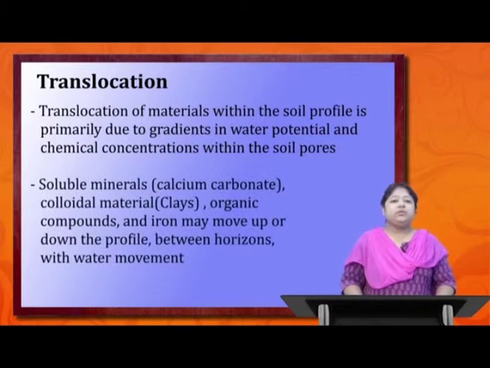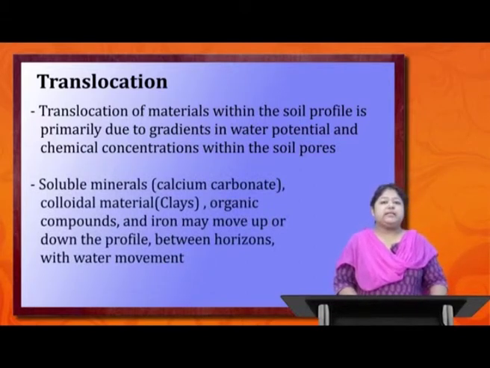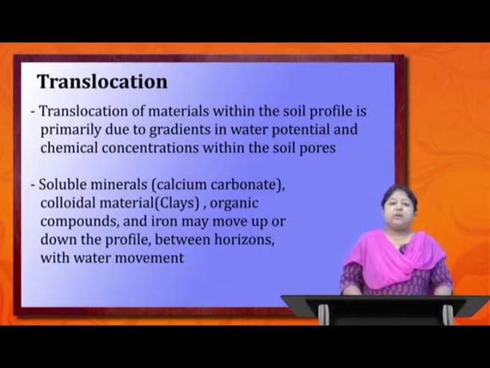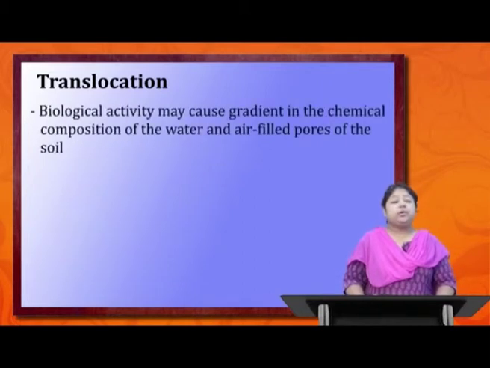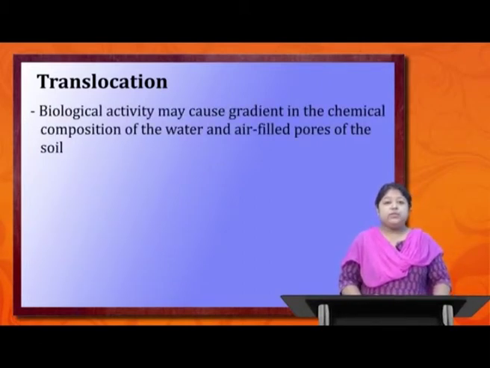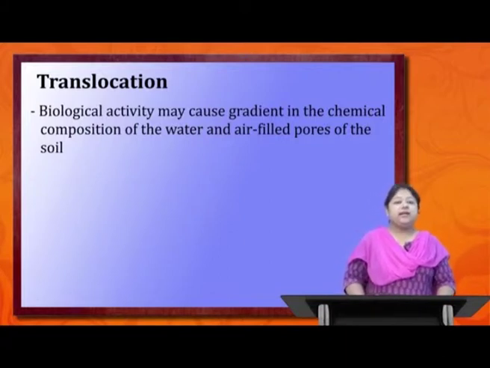Now, there are soluble minerals, calcium carbonate, then the colloidal material, which are the clays, organic compounds, and iron. They move up or they move down the profile between horizons with water movement and help in translocation.